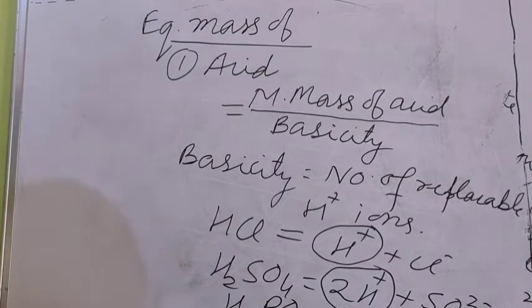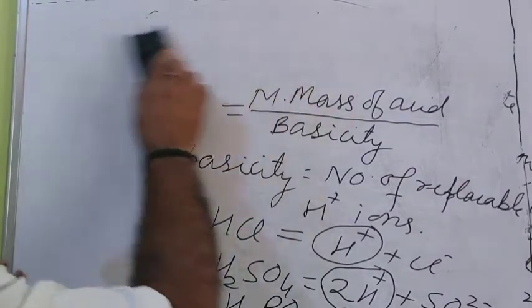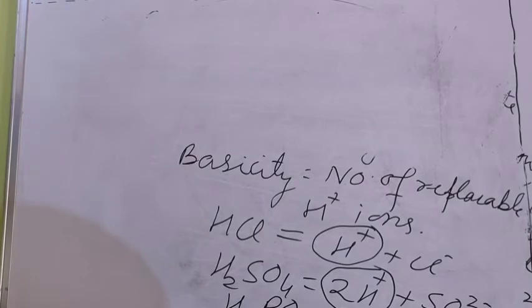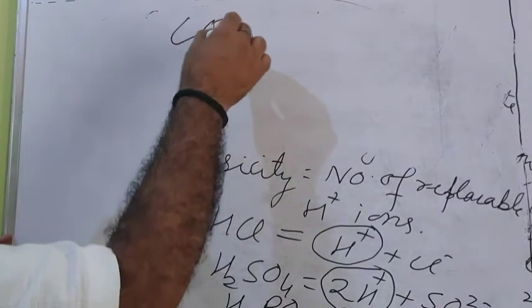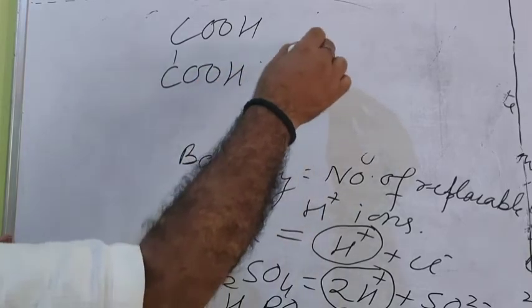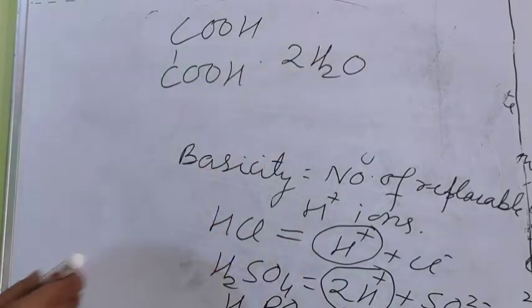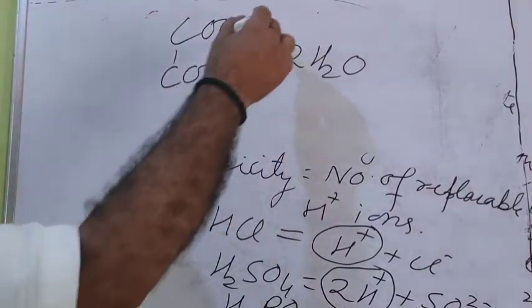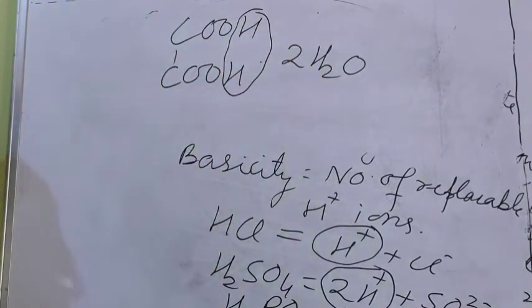Take another example like oxalic acid, COOH twice, 2H2O, that is the hydrated oxalic acid. So there are two replaceable H plus ions.